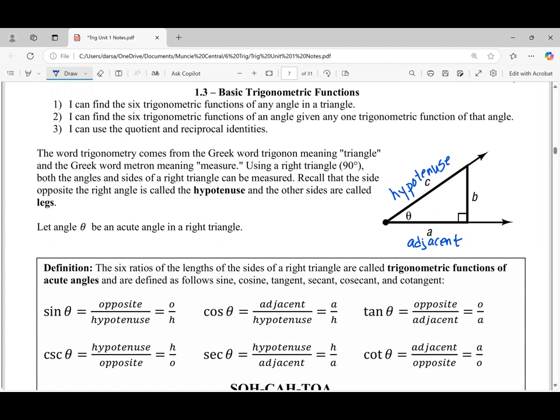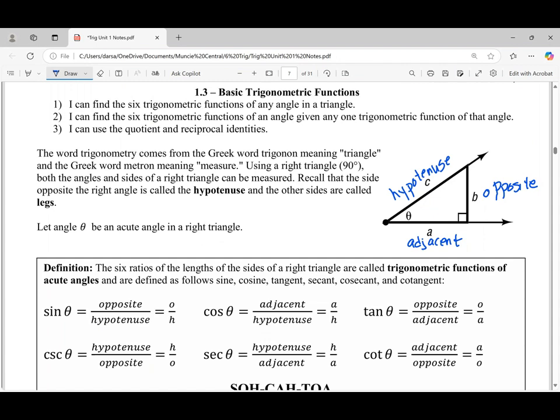Then if we look at the third side, notice how this third side is not touching this angle theta. It is not one of the two sides that makes up our angle theta, but it is directly opposite of that angle theta. So for our angle theta, we would say that this is the opposite side.